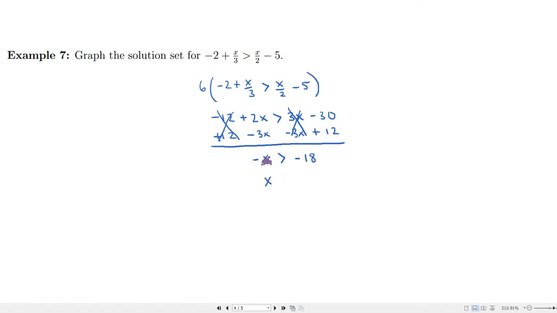So here, what could we do to get rid of these negatives? Well, we could multiply both sides by -1, right? In other words, I'm just going to negate both sides.